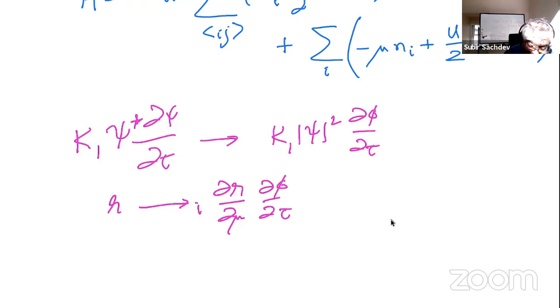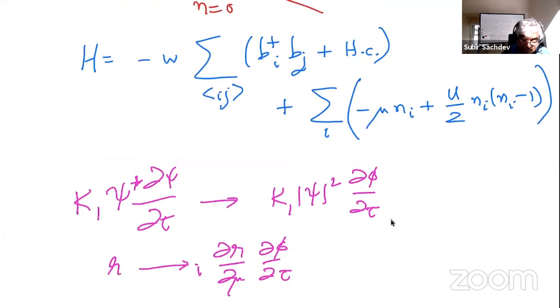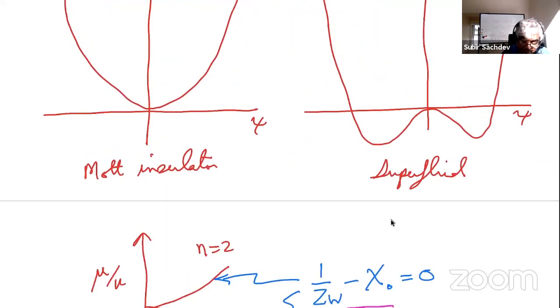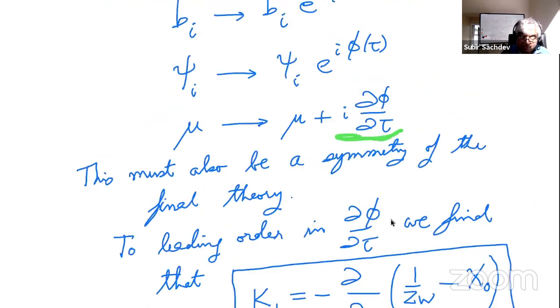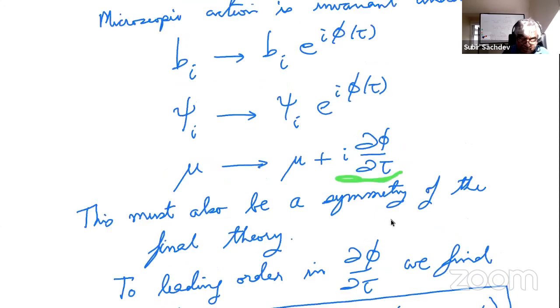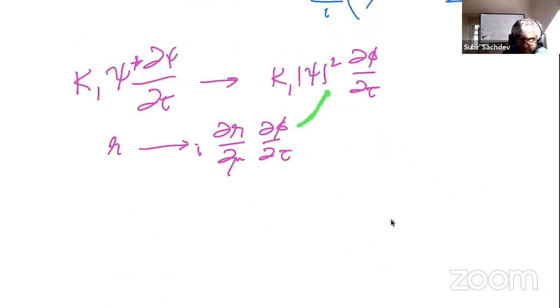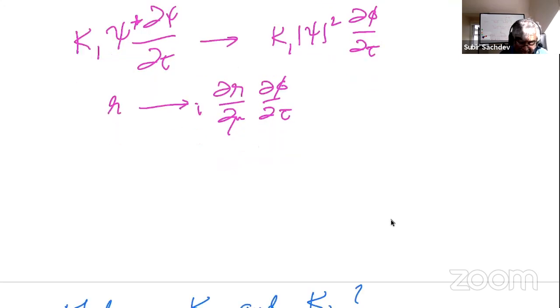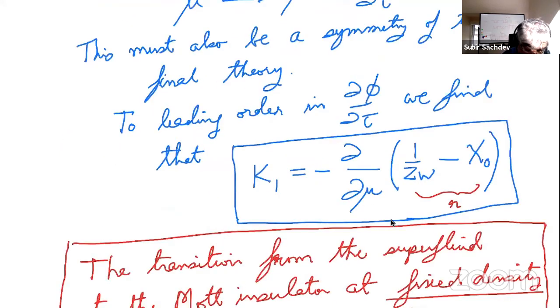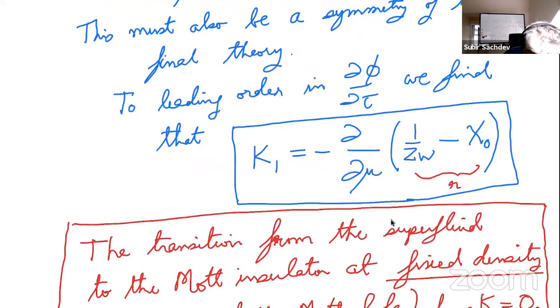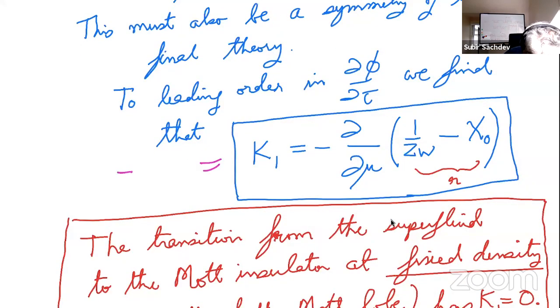And there's probably an i over there that comes from this transformation over here. So from this change in mu, I will get a change in R. And now these two have to cancel. If you work out the signs carefully, the answer turns out to be that K1 is equal to, written here more explicitly, minus dR d mu.